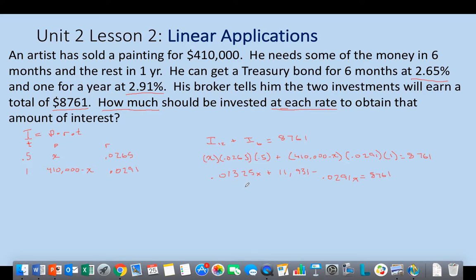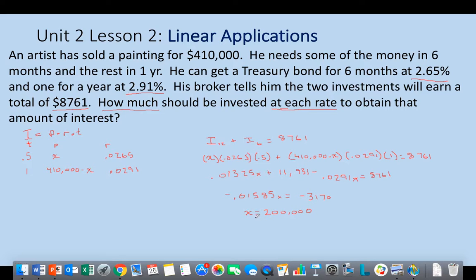Now putting everything together and combining like terms, I'm going to have negative 0.01585x equals negative 3170. So subtracting 11,000 from both sides, combining these two like terms, and then dividing both sides by my decimal, I'm going to wind up solving for x, which is, interestingly enough, a nice, clean 200,000.